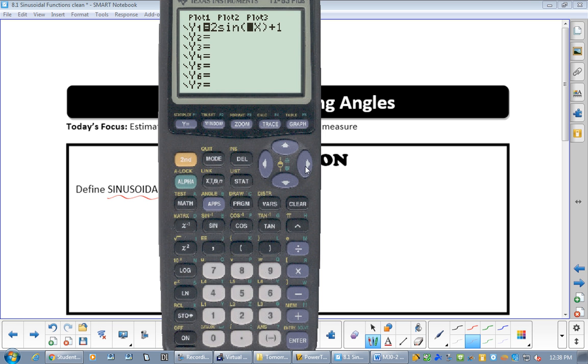Okay, now I can actually take this graph and move it to the right. So then I just hit my insert button. Okay, so then I can do this.